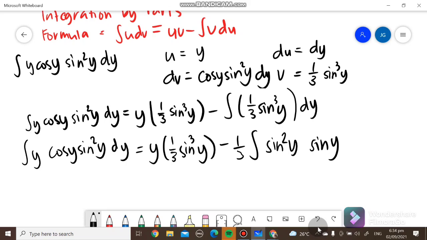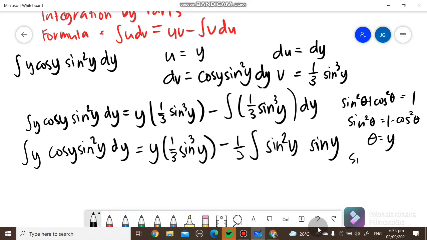As we all know, the Pythagorean theorem states that sine squared theta plus cosine squared theta is equal to 1. So, sine squared theta is equal to 1 minus cosine squared theta. We set theta equal to y, so sine squared y is equal to 1 minus cosine squared y. We can substitute that here.